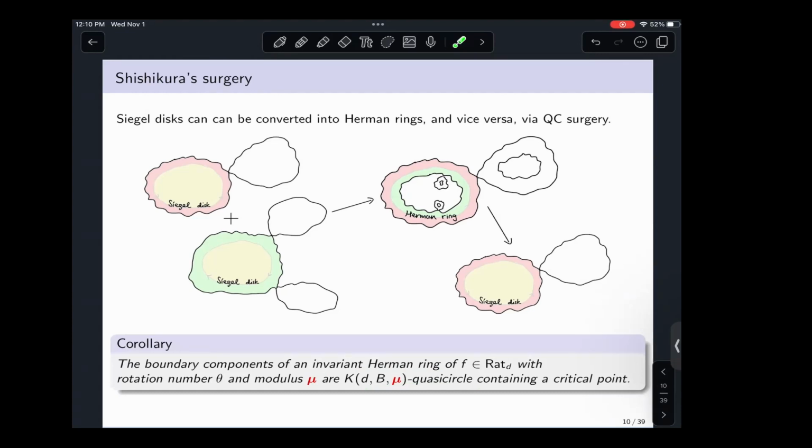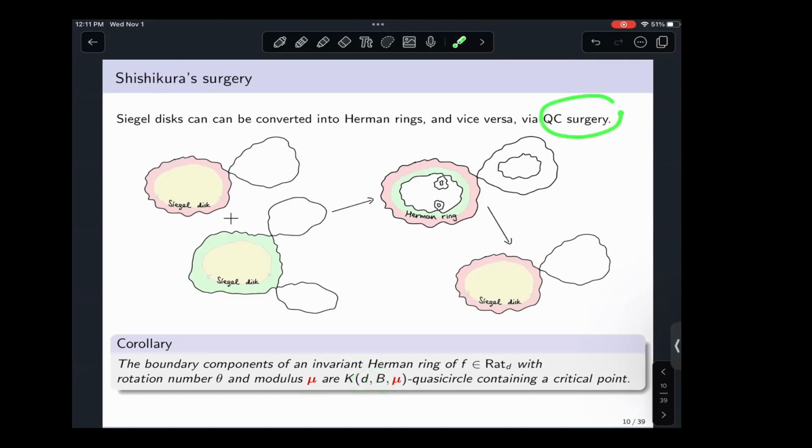But there's a twist in this, which is, the procedure that we do gives me an additional parameter in the dilatation. So earlier, I noticed that the dilatation as a quasicircle depends on two parameters, which is the degree and the boundary rotation number.